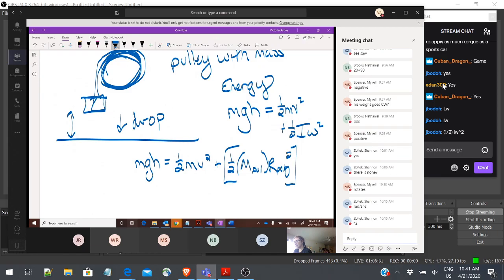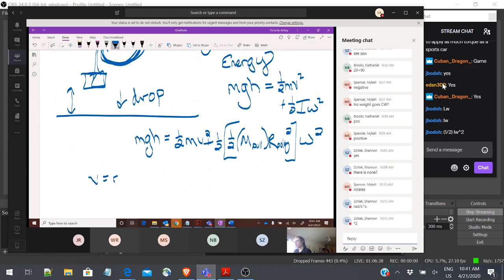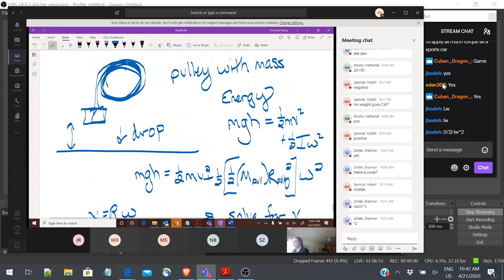We know that v equals r omega, so we then would know everything and we can solve for v. The speed that this is going down is related to the speed that the rope can come off the pulley, so it would be this radius r omega. Okay.